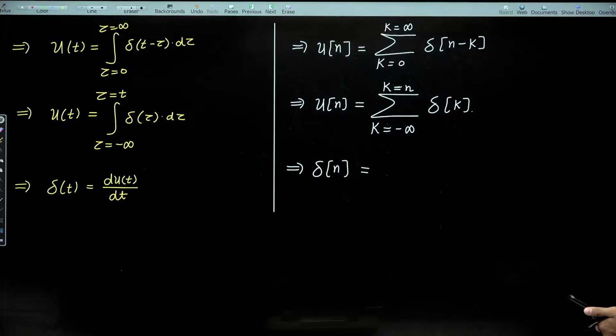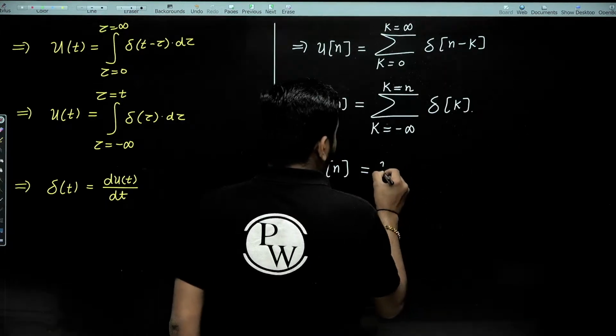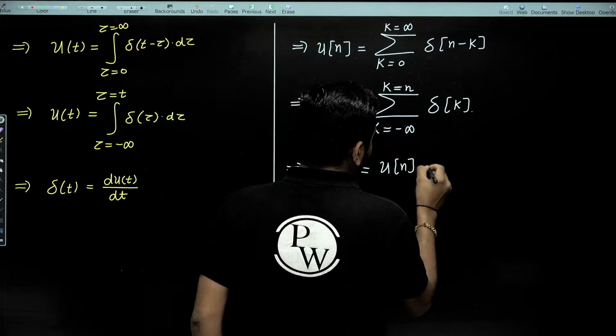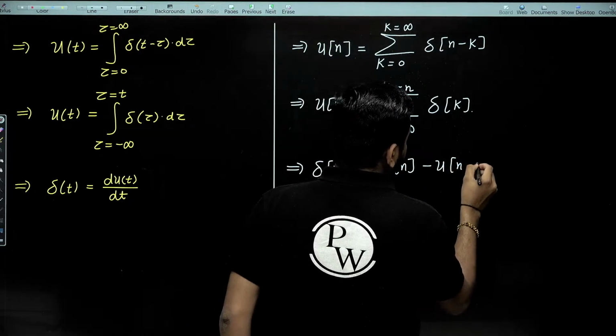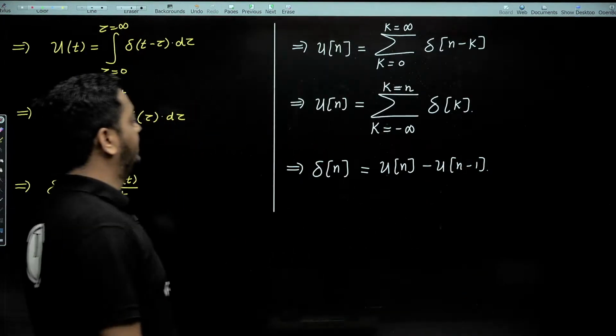What is the first difference of u(n)? It is u(n) minus u(n − 1). Very good. u(n) minus u(n − 1). So we just wrote this by comparing with continuous time.